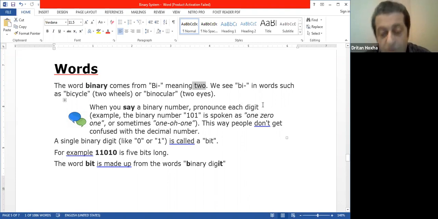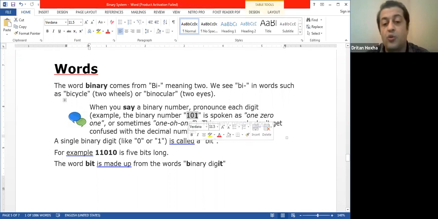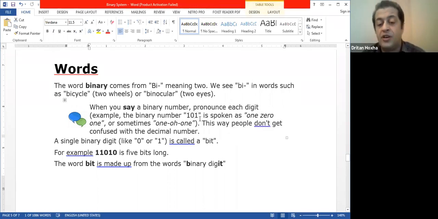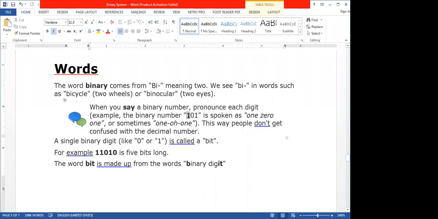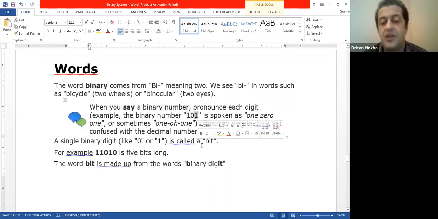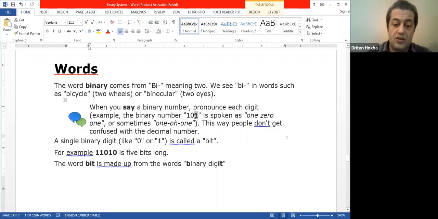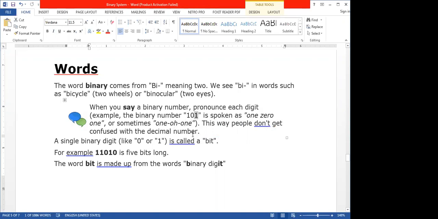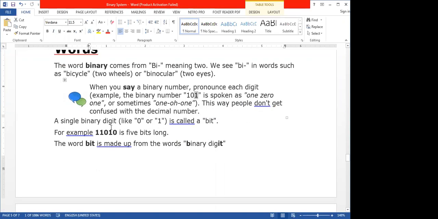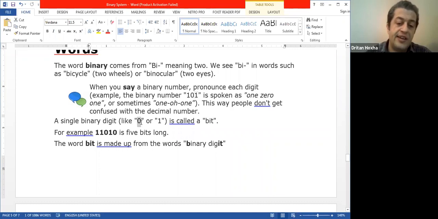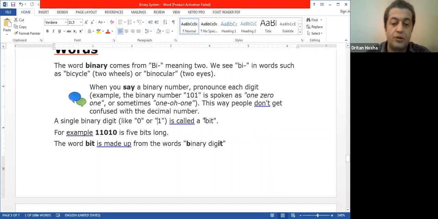For example, the binary number 101 is spoken not as one hundred one as in our decimal system, but as one zero one. We should pronounce each digit separately in the base 2 number system. A single binary digit like 0 or 1 is called a bit.